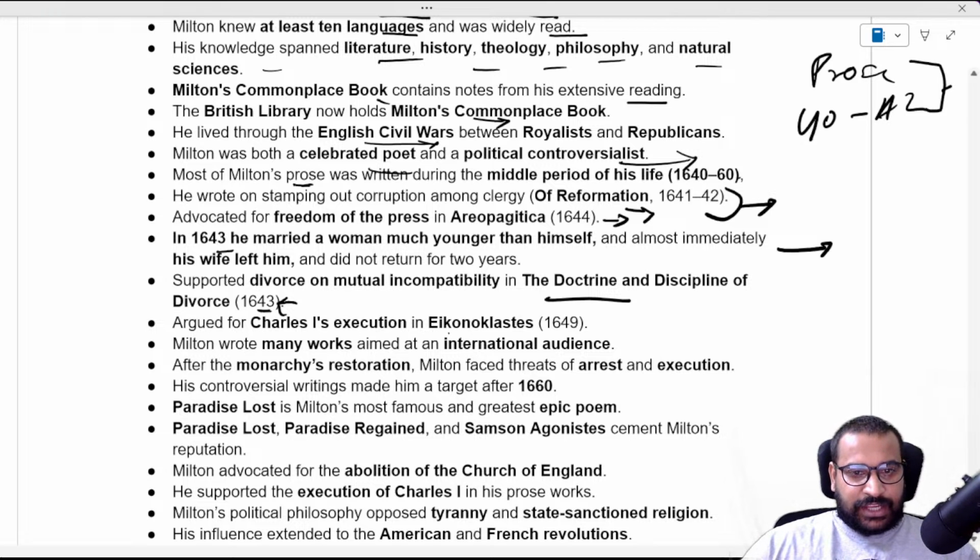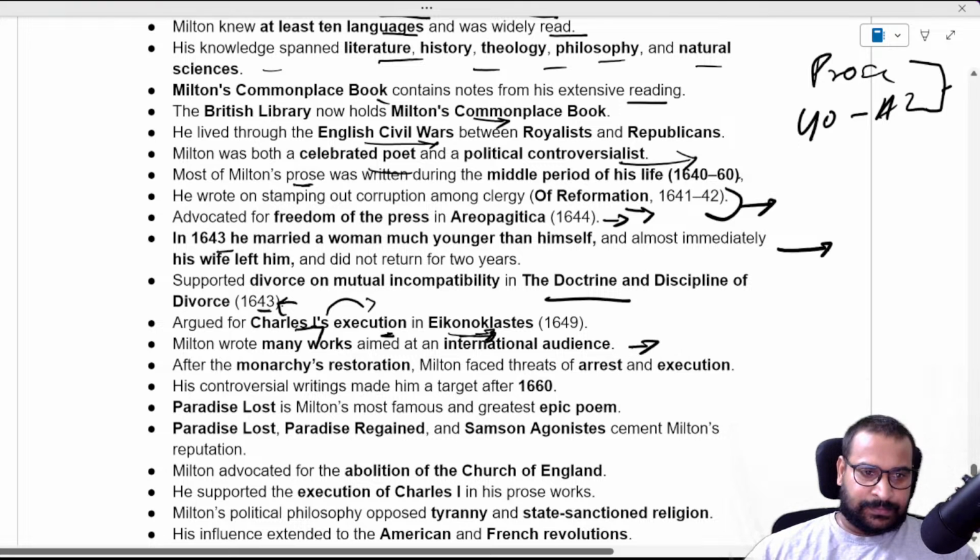Very important, Iconoclastes. It was in support of the execution of Charles the king. This iconoclastic Milton has written to support Charles's execution. So Milton wrote many works aimed at an international audience as well.